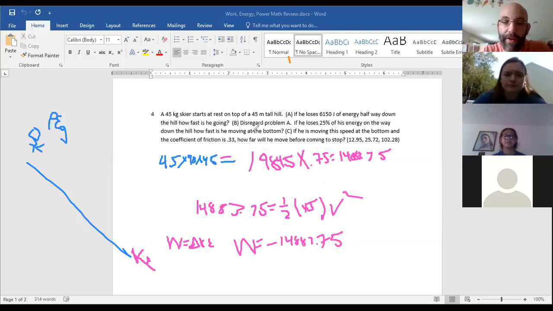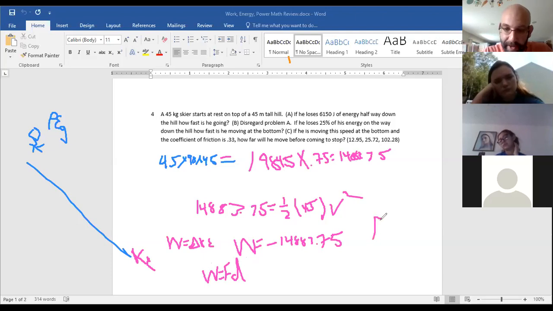Okay. We want to find out the distance. We know work equals F times D. Well, we know work already. That's W. We got that right here. What's providing our force? Friction. So to find F, it's mu mg, 0.33 times mass, which is 45, times 9.8.